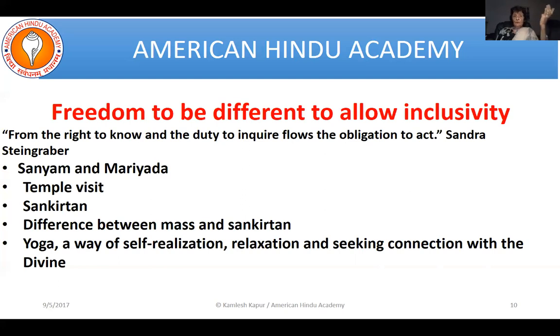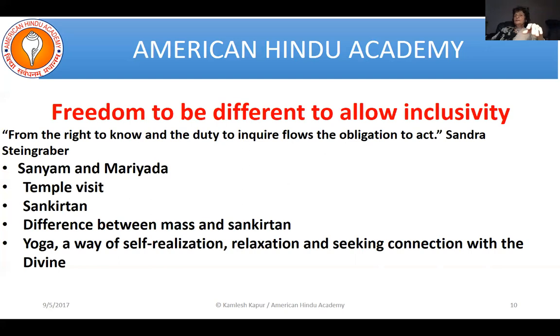So we have self-control, we have social norms, some temple visits, sometimes people go, sometimes not. Mostly people don't go to temples. Sankirtan, sometimes they gather together and do the chanting together. There's a difference between mass in the church and Sankirtan. Sankirtan is engaging yourself in the devotional aspect, and there's no third party as a mediator. Whereas in the mass, you are listening and the priest is advising or guiding you.